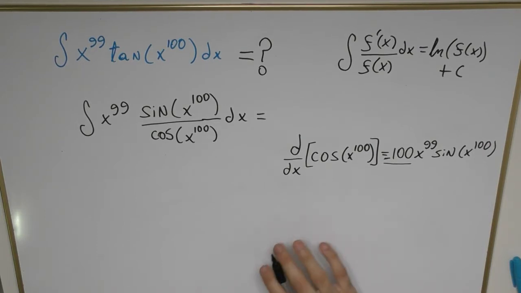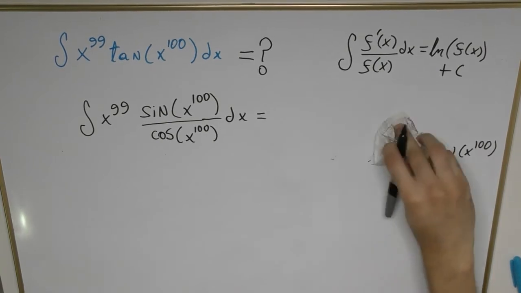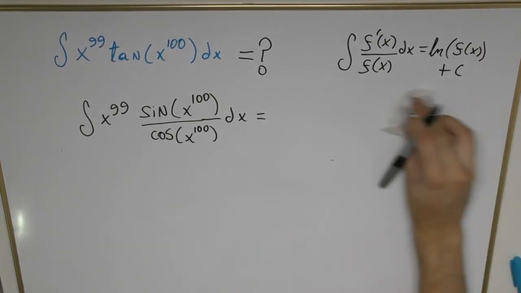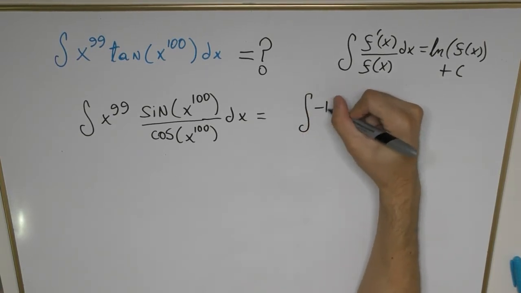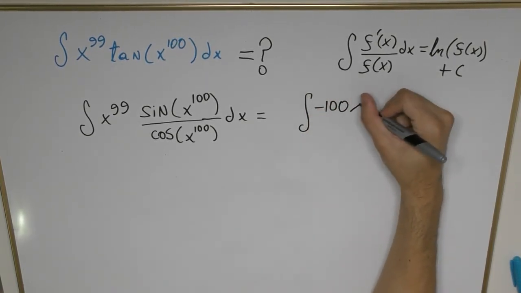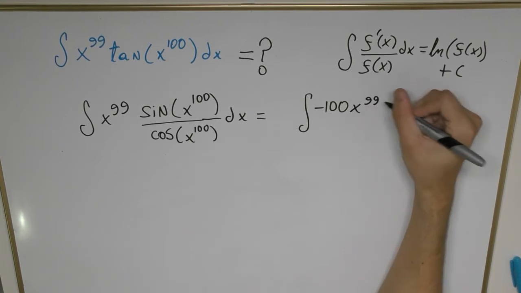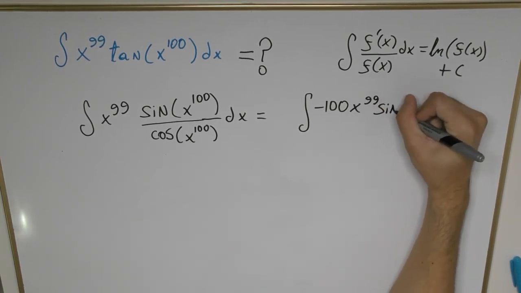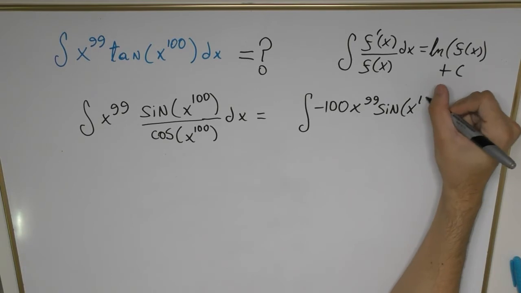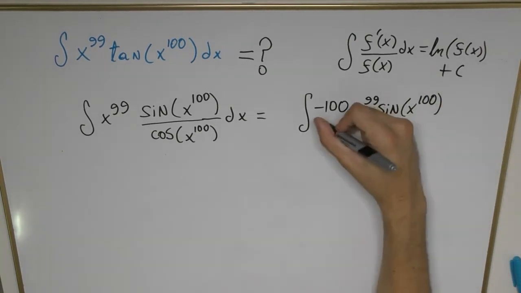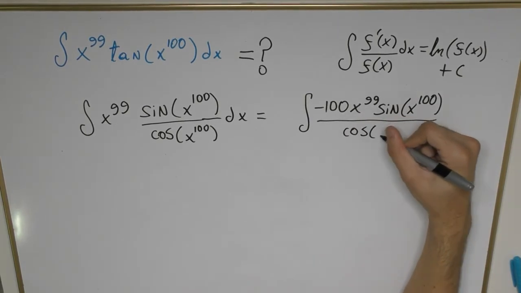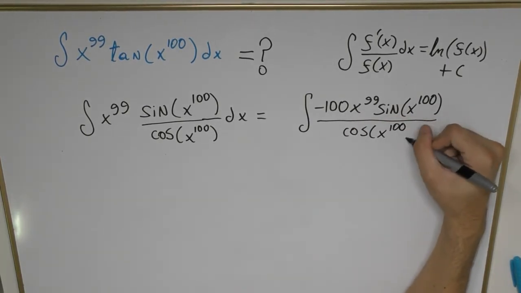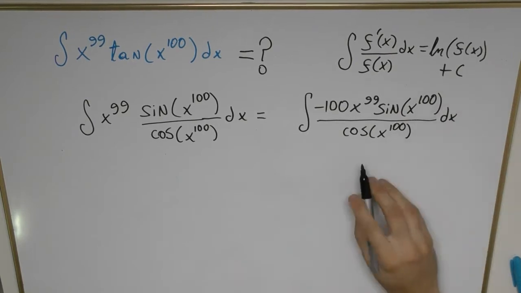So what we're going to do is rewrite this integral in a more suitable form. So let's just make some room over here. We already know what the answer should look like. We're going to place a minus 100 at the top, and then we have x to the 99 times sine of x to the power of 100, and then we're going to divide that by our cosine function, cosine of x to the power of 100, dx.